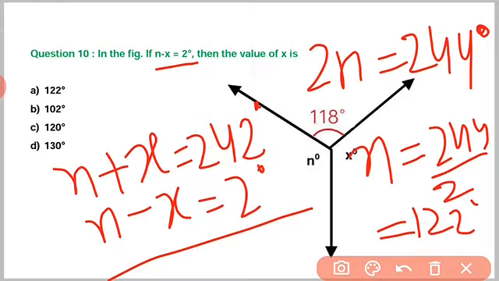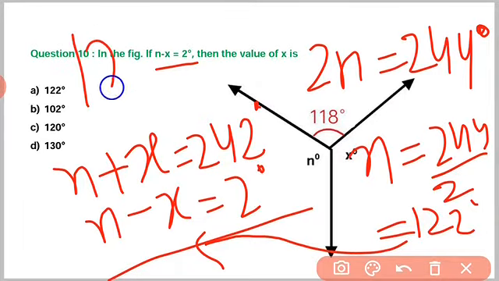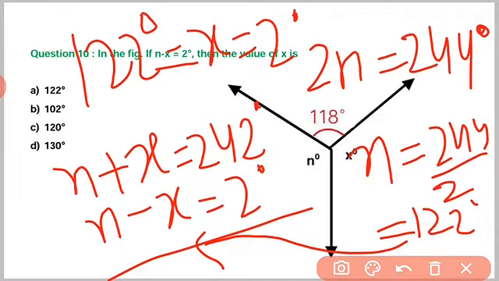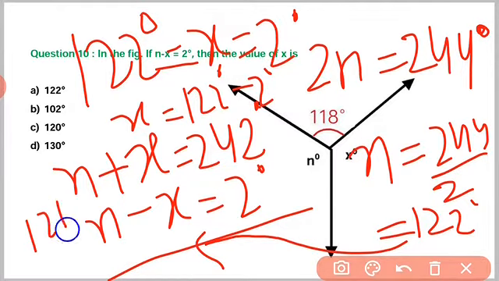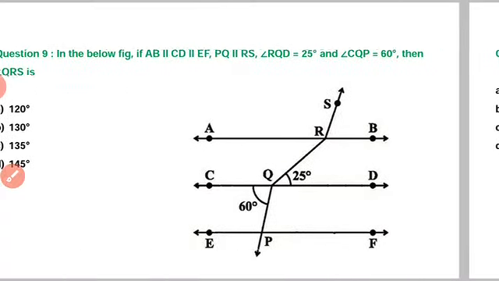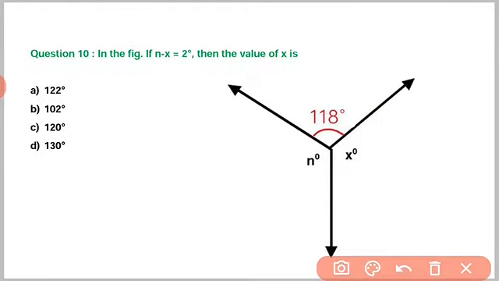But we have been asked the value of x. So if I substitute the value of n in this equation, we get 122 degree minus x is equal to 2 degree. So x is equal to 122 degree minus 2 degree, that is 120 degree. So the answer is C.